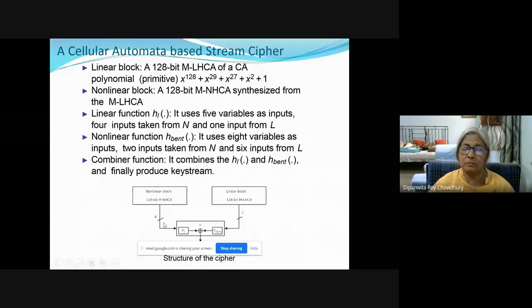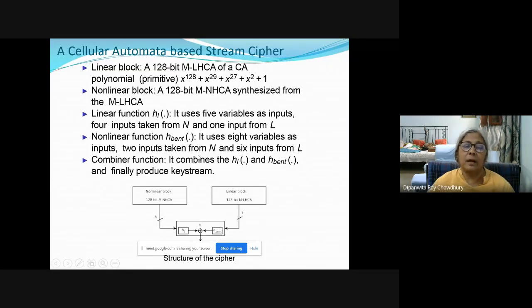But here we have taken different tap points and fed them in. And we know the bent function is actually for cryptographic applications.